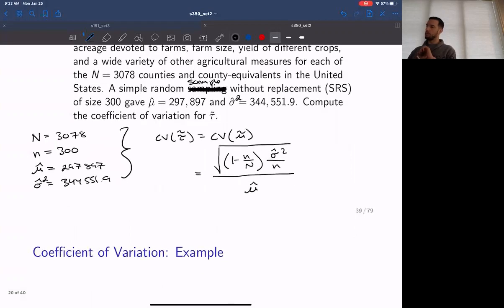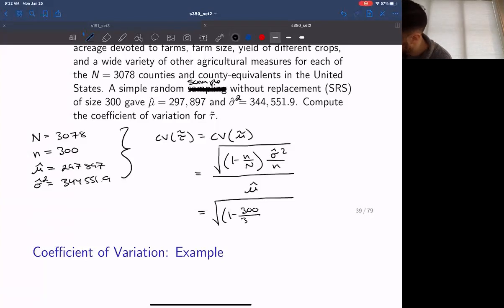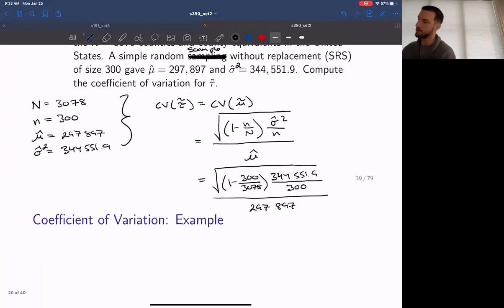All right, so from this point, it's really just a game of plugging into the formula here. So we're gonna have 1 minus 300 over 3078 multiplied by 343,551.9 over 300, divided by 297,897.